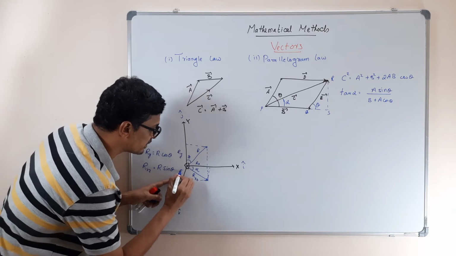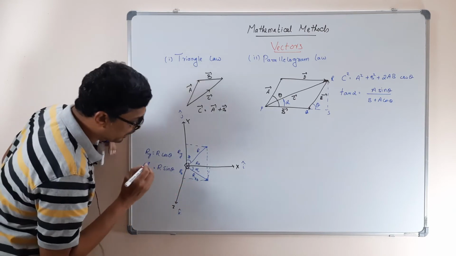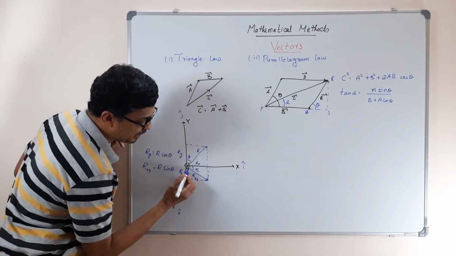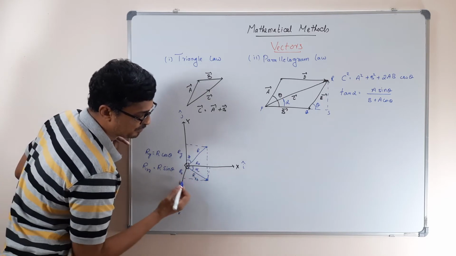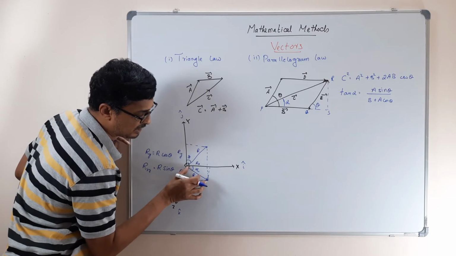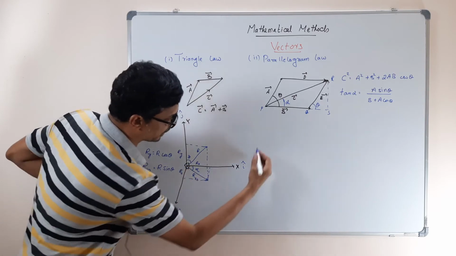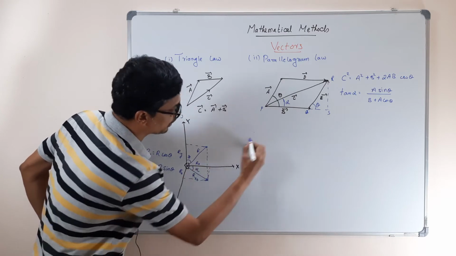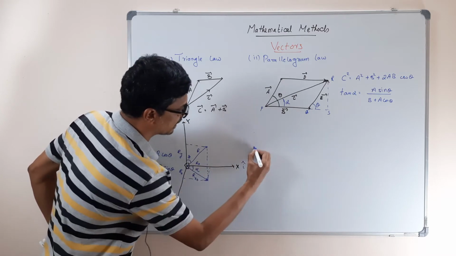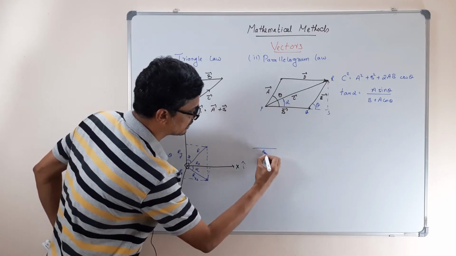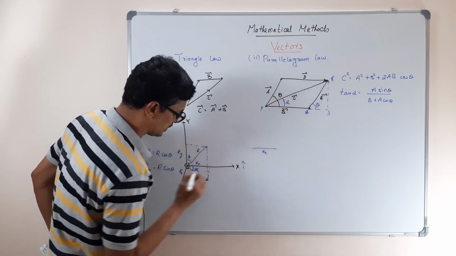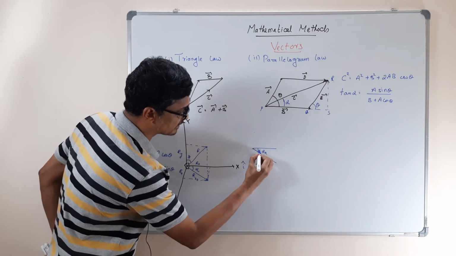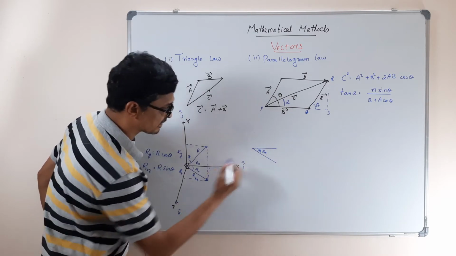I am going to call the component along the x-axis rx, and along the z-axis rz. Given the angle alpha, what will this be? Let us draw this figure separately. I am going to have rx here, and this is rxz, and this angle is alpha, and then this line, correct?